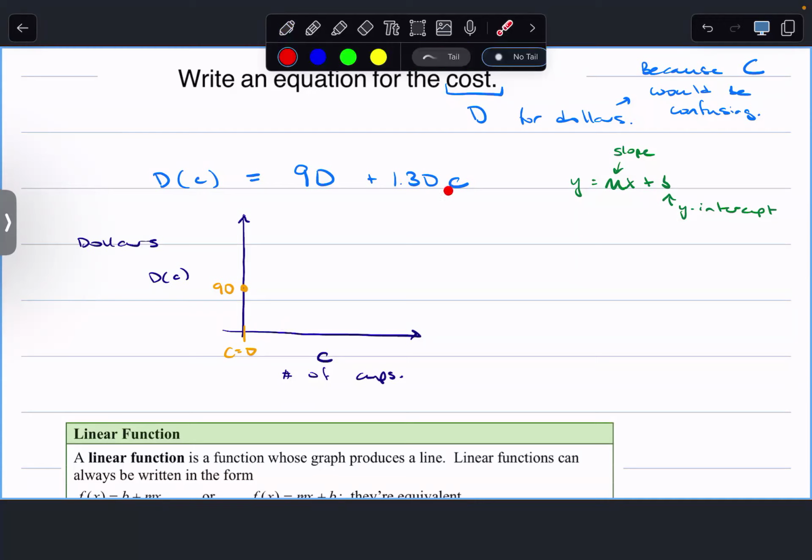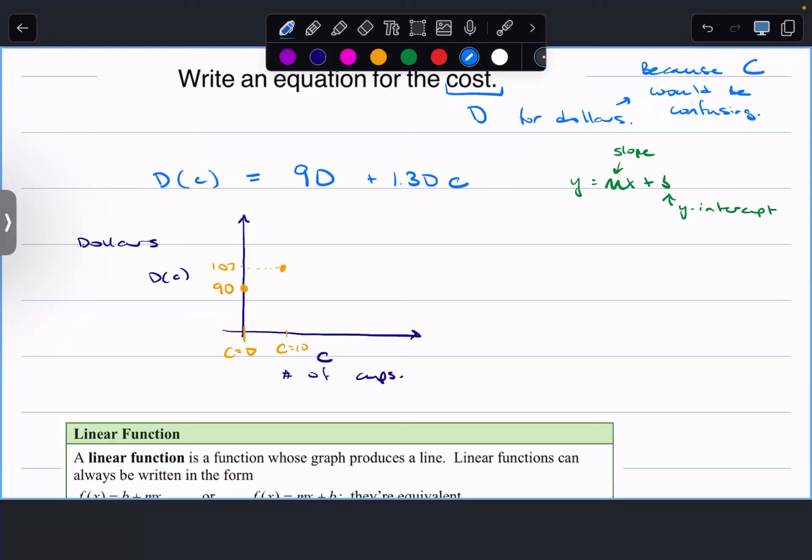At 10 cups, I go up $13. So c equals 10 puts us here at 90 plus 13, so 103. And it's linear, so it keeps going and going.